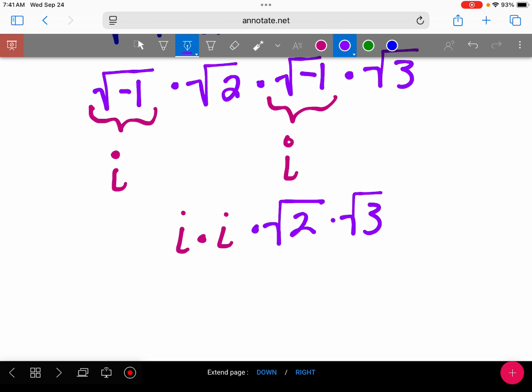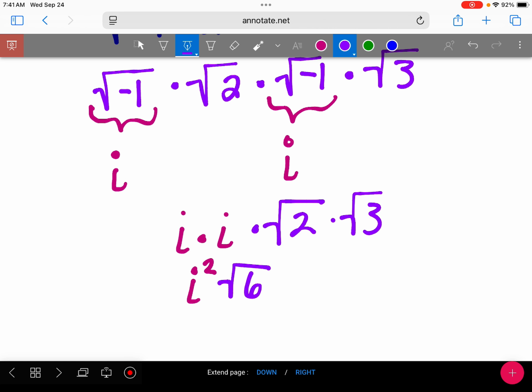That's what we've gotten when we started to simplify this. Well, i times i is i squared. And the square root of 2 times the square root of 3 is actually the square root of 6. Because just like when we have separate radicals here that came from it being one radical, I can mush them back together.